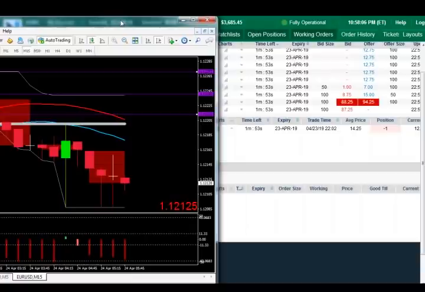Okay, guys. Now, as you can see, we're in the last 2 minutes of this bet, well, I guess I should say this trade. And there's our line that we got in at.